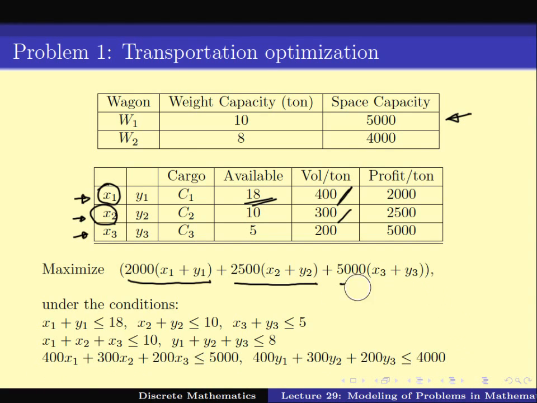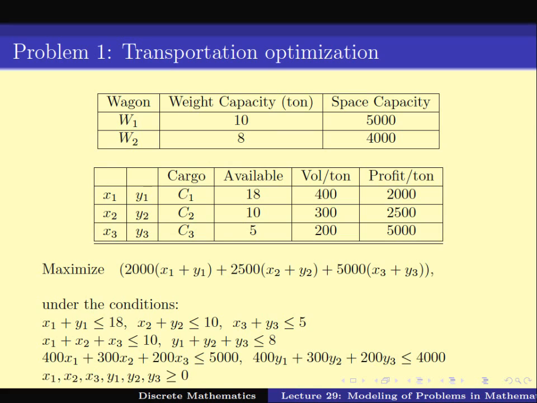So here is the question. We have a set of inequalities, which are the conditions, and what we want to maximize. And we know that x1, x2, x3 and y1, y2, y3 must all be greater than or equal to 0. This is typically in the form of an LP, and we can solve it.